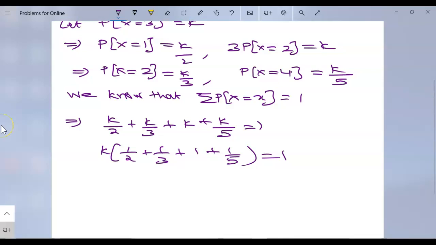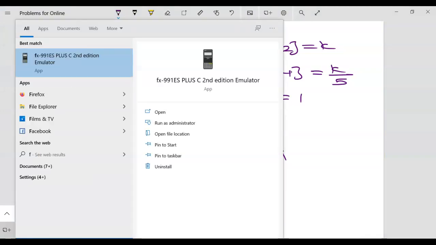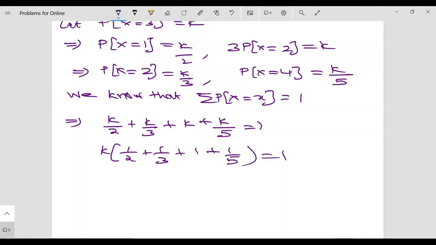Okay, so now use this. If you want, you can use the calculator or you can do it directly. Otherwise, I recommend doing this directly. So k into the total value, the common denominator is 30.